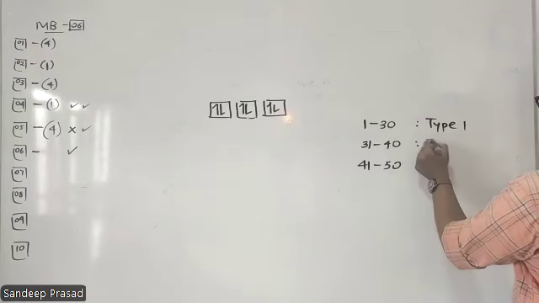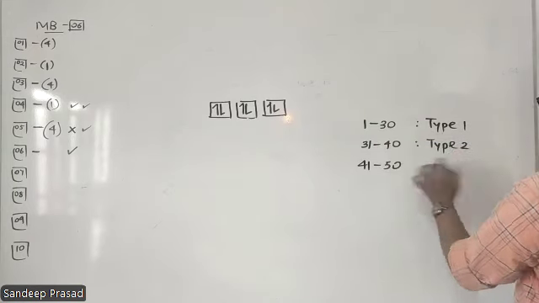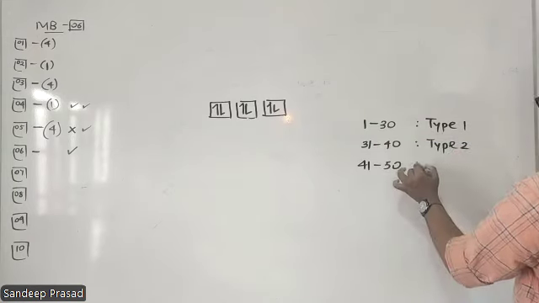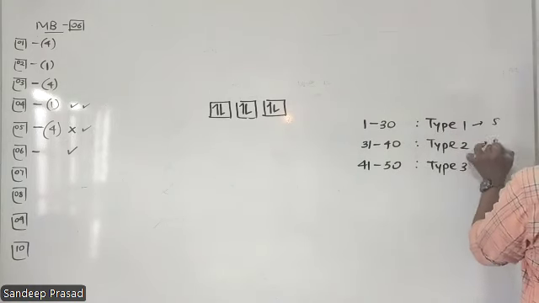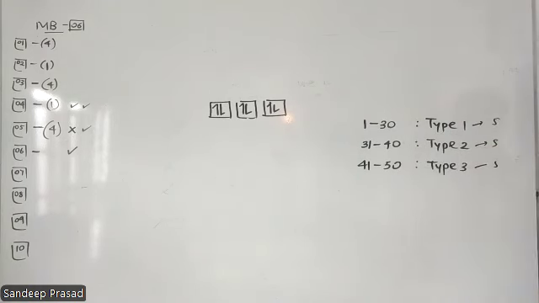This is type 2, with A, B, C, D statements. And 41 to 50, those boxes, statement type, is type 3. So from next week onwards, I'm going to insert 5 MCQs from type 1, 5 from type 2, and 5 from type 3.